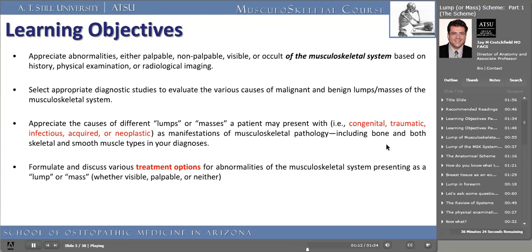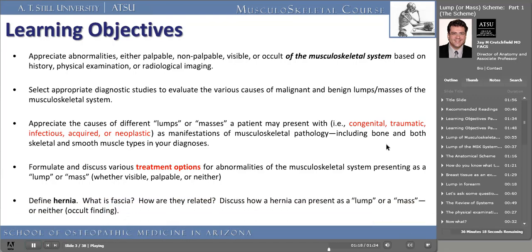And any can affect the musculoskeletal system, either smooth muscle, skeletal muscle, or bone tissues. You'll be expected, again within the confines of your education as a first-year student, to formulate and discuss various treatment options for these maladies of the musculoskeletal system presenting as a lump or mass.